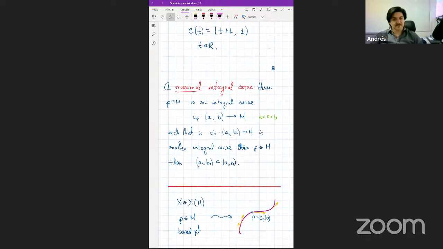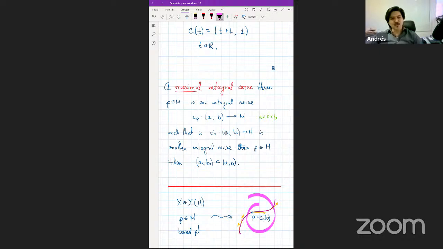So this is what we have so far. I have a vector field on a manifold. I take a base point, and I just found a curve on the manifold such that the derivative of the curve equals the vector field along that curve. And we only have some normalization condition.